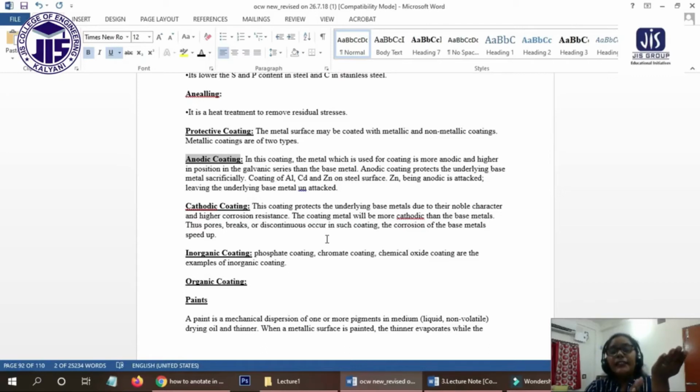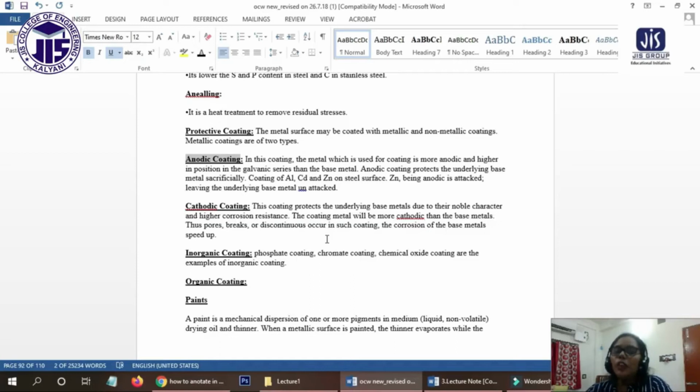Like tin is below iron, so tin can be coated on the iron to prevent the iron from corrosion. That is called tinning. So tinning is one of the examples of cathodic coating. Understand? So anodic coating and cathodic coating are the two types of metallic coating that we have. Okay, so all these are prevention procedures.